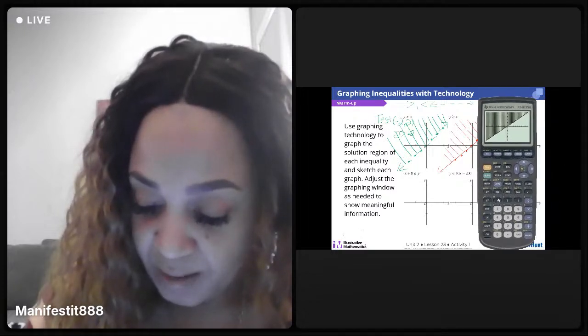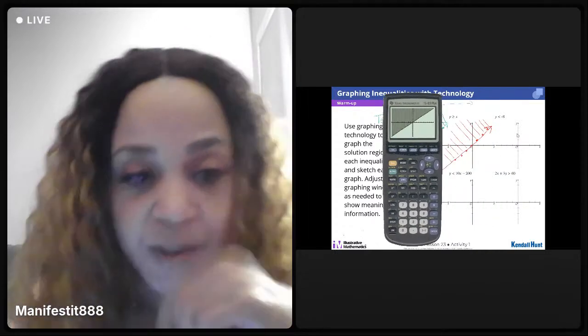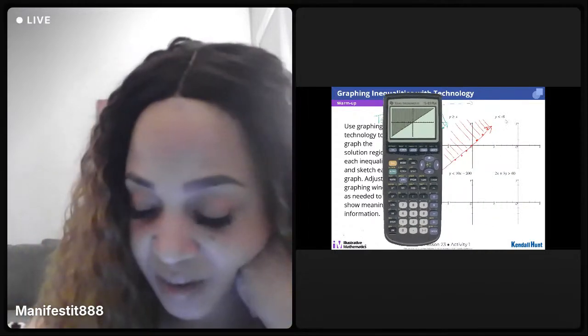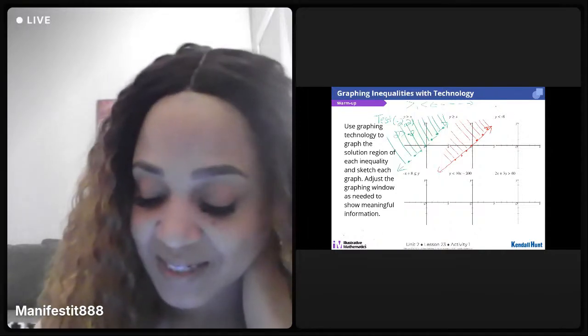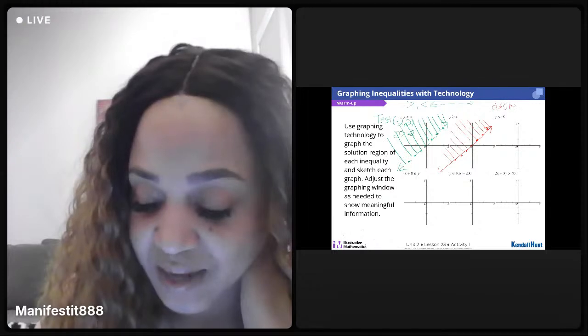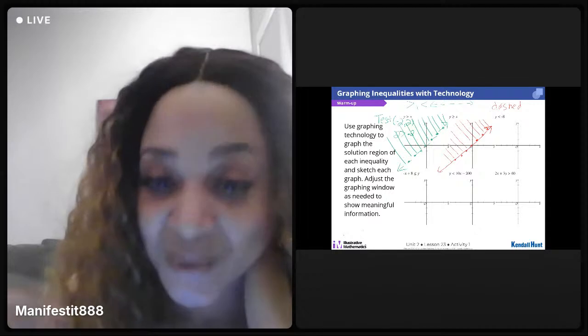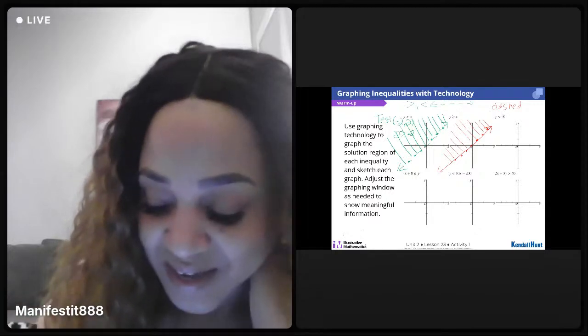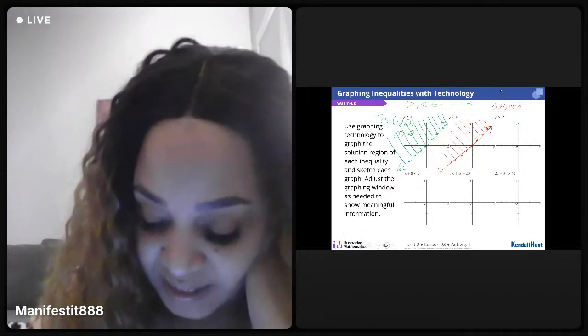Okay, so I'm going to use my calculator, but I want you guys to type in the chat whether you said solid or dashed. Hopefully you said dashed. We need a dashed line because our inequality symbol is the less than without the or equals to symbol underneath.